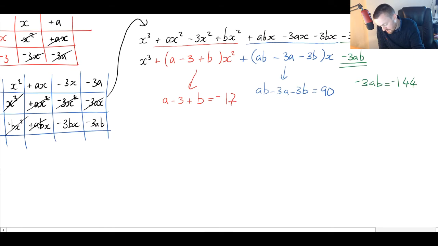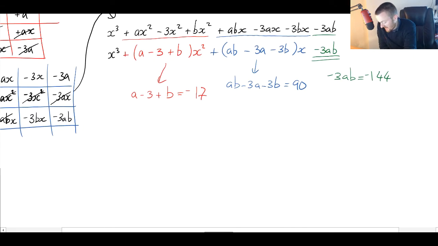Okay. Now, you've got two unknowns here, a and b, but they're the same in each of these three equations that we've just come up with. The easiest one to work with to start with is this negative 3ab equals negative 144.